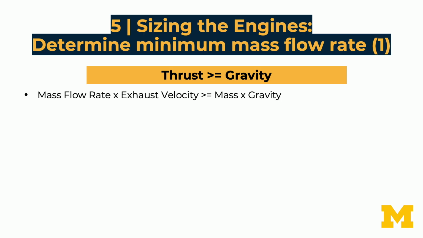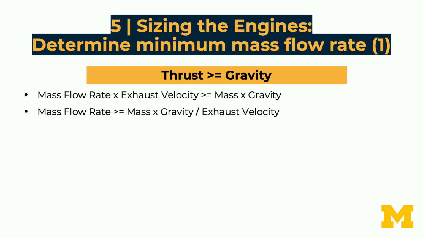So we write down the thrust equation, which is mass flow rate times exhaust velocity, and that has to be greater than the mass times the gravitational constant of the Earth. If you move the exhaust velocity over to the other side, because we know what the exhaust velocity is, it's around 3,000, we say the mass flow rate has to be larger than the mass times gravity divided by the exhaust velocity.